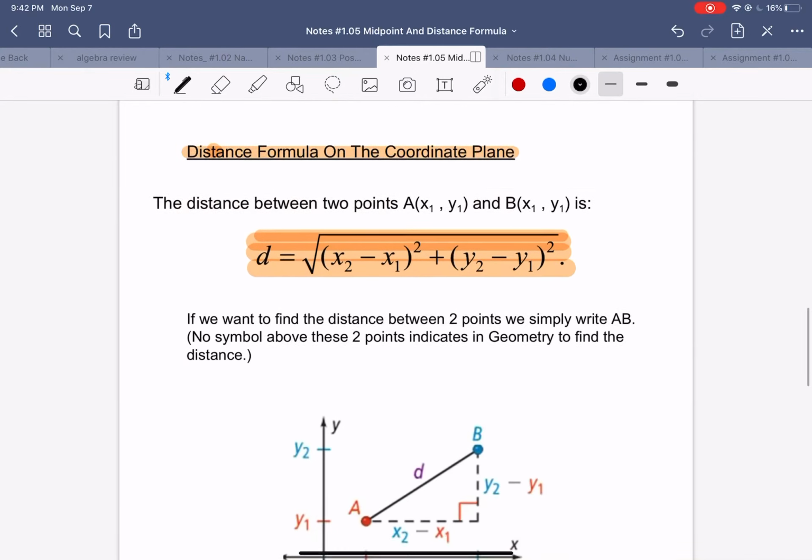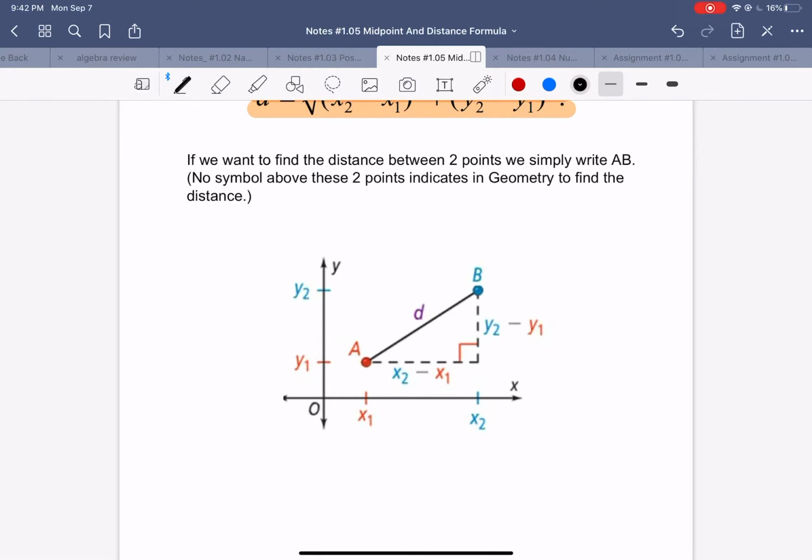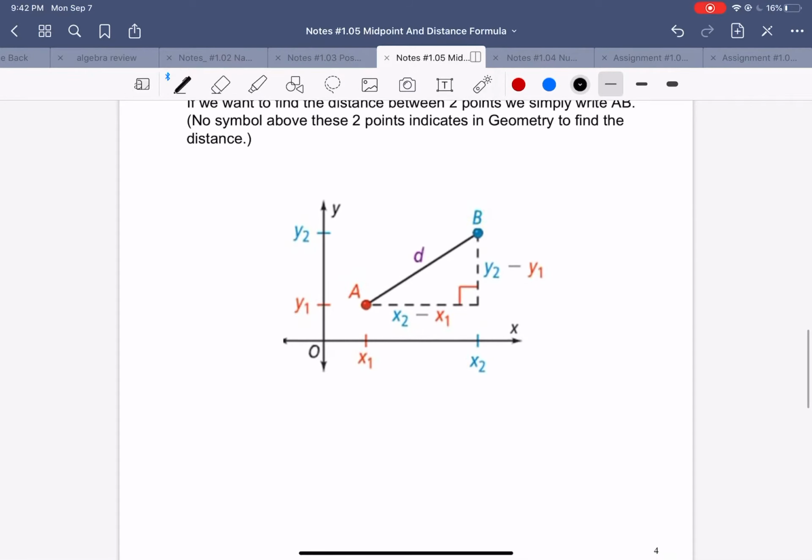When we are looking for distance on a number line, we can just count. When looking for a distance on a coordinate plane, it's a little bit harder to count because it's a diagonal line. But notice how in this little example right here, we have a dotted line that's creating a right triangle.